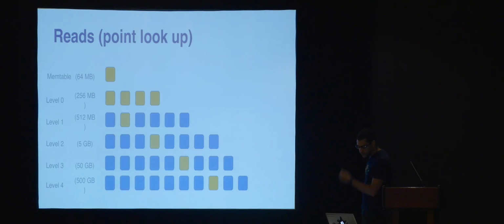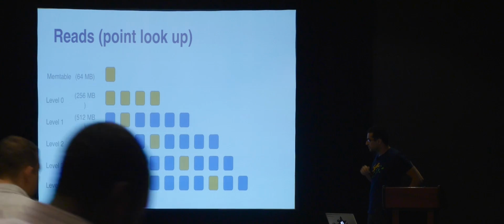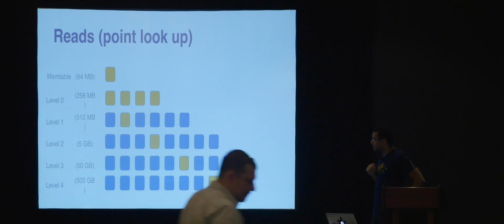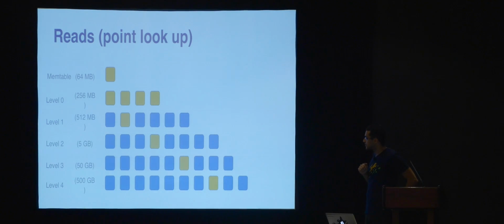So if you want to do a point lookup in our LSM, what we need to do is first check the memory table, and then check file by file in level 0. Starting from level 1, we need to check only one file. This looks like lots of IOs, but it's not, because Bloom filters help a lot to skip all the files that do not contain the keys we're looking for.